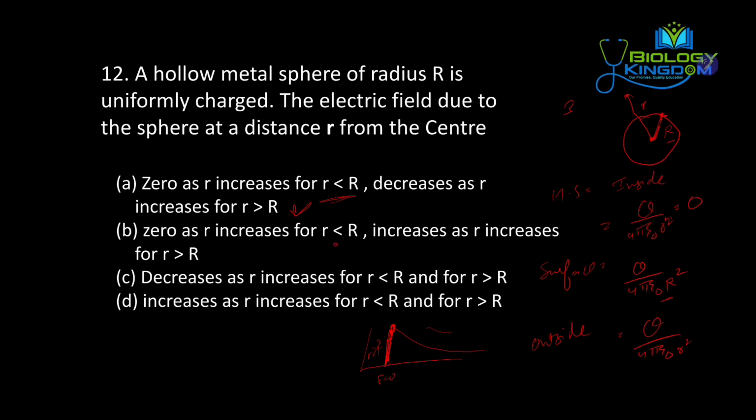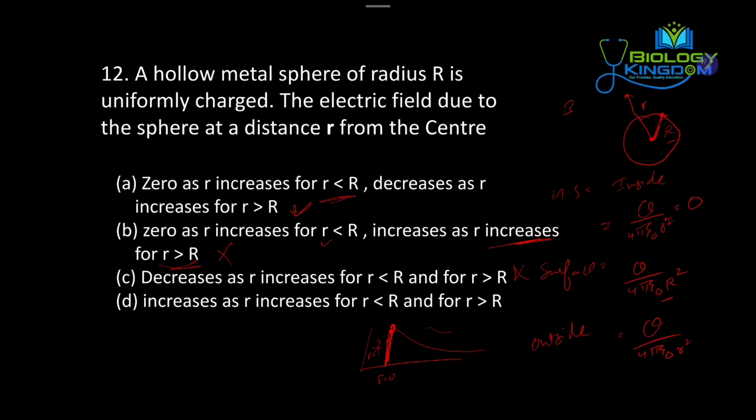Now if we move to the second statement, it says the field is 0 for r less than R and increases as r increases beyond R. If we are moving outside, the electric field is decreasing, not increasing, so this is a wrong statement.